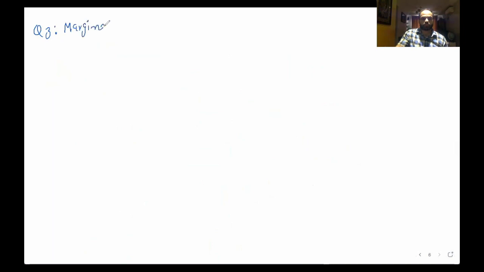Marginal costing. All right. So question 3 is the same scenario that we have. We have 2 different quarters of information: quarter 1, January, February, and March, and quarter 2, April, May, and June.